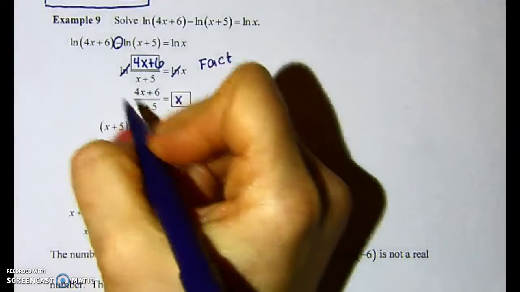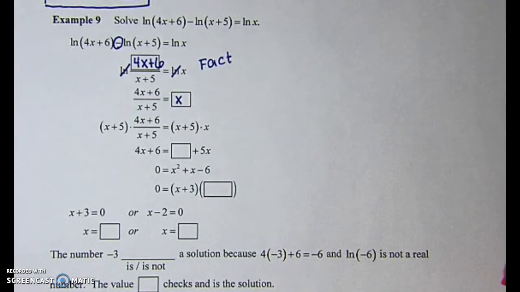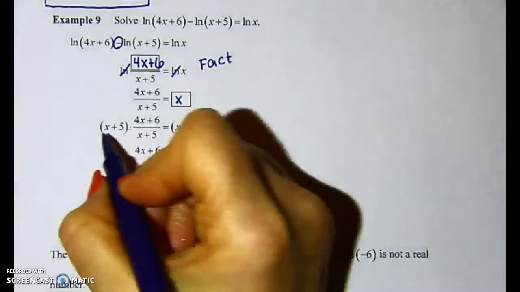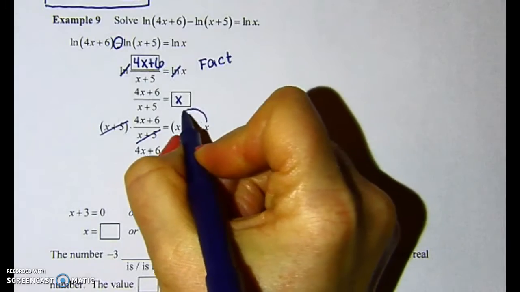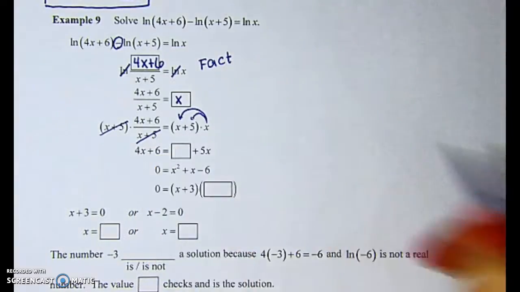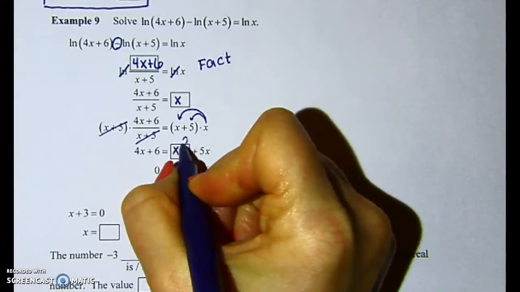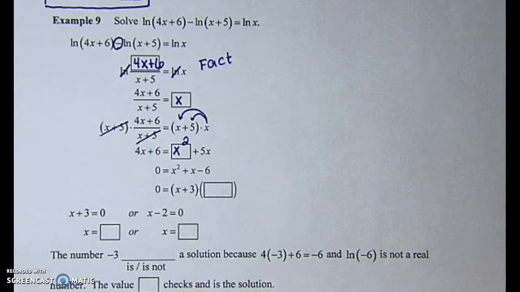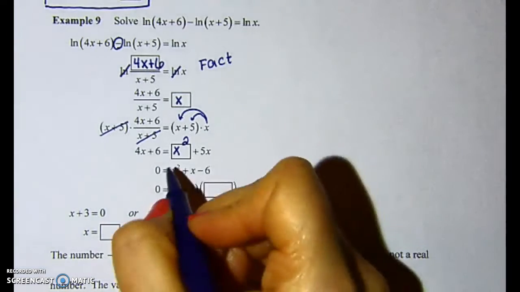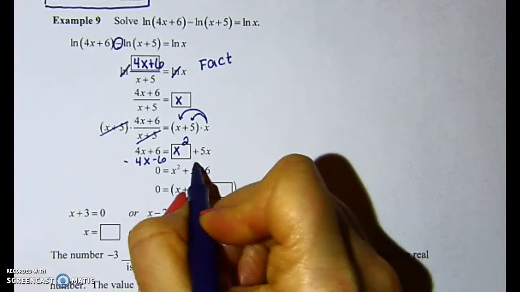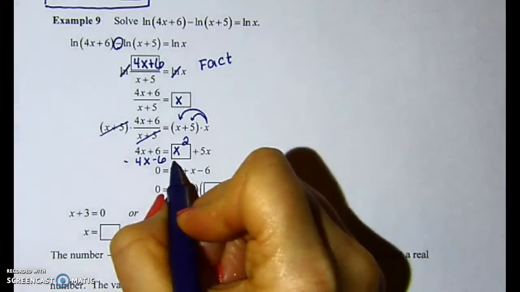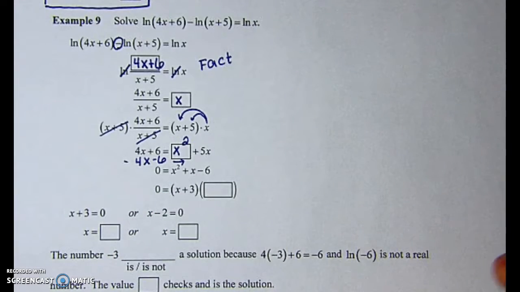Just like in the last example, I'll multiply each side by x plus 5 such that I can get rid of our denominator. I can also distribute, so x squared plus 5x on the right with 4x plus 6 on the left. Getting everything together, setting it equal to 0 so that we can factor, I have x squared plus x minus 6.